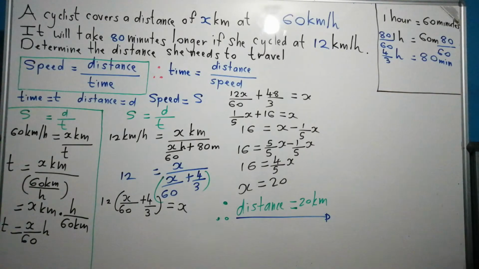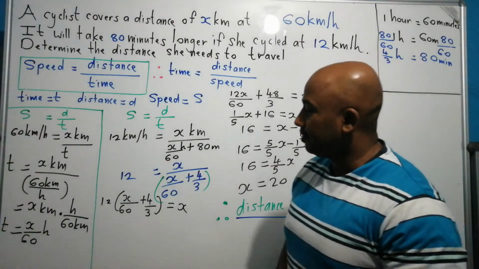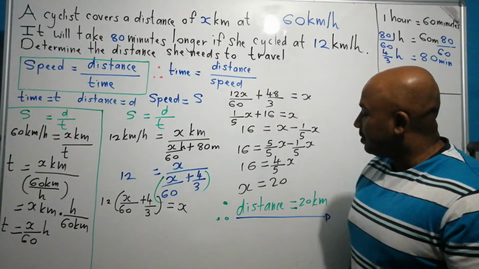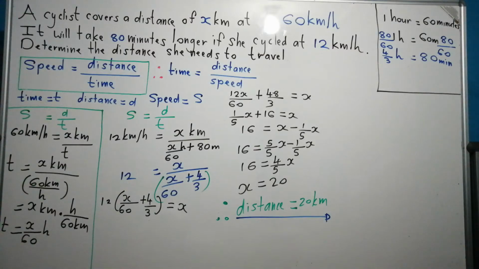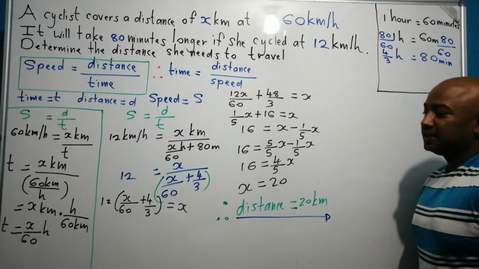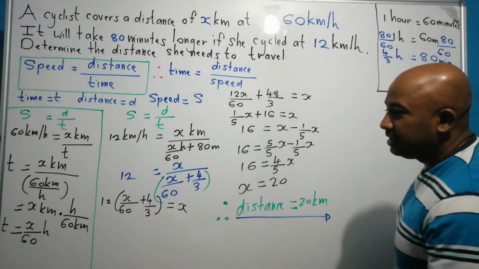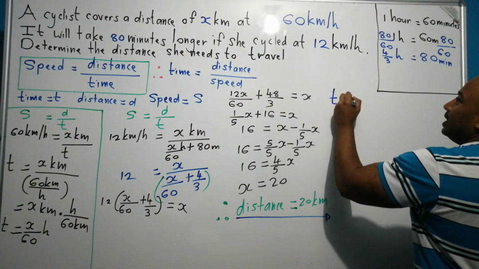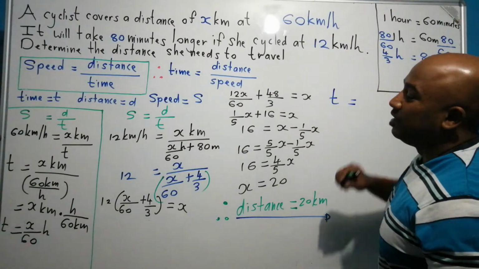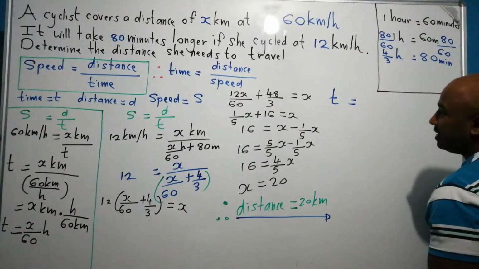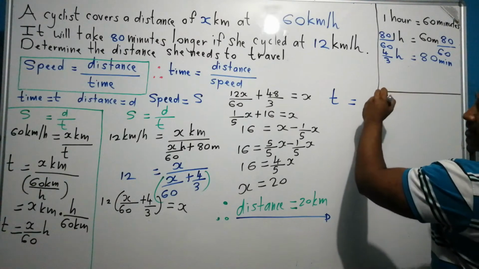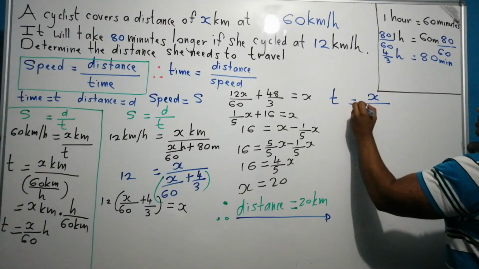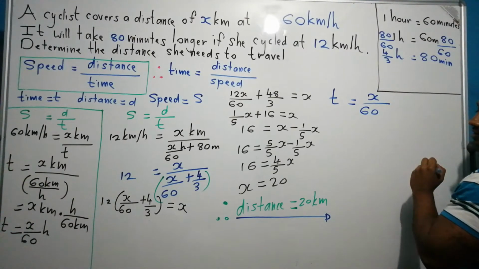Let's go back. So what was the time in the first situation? What was the time in the second situation? So the time here in the first situation, when she was traveling at 60 kilometers per hour, remember the time was x divided by 60 hours.